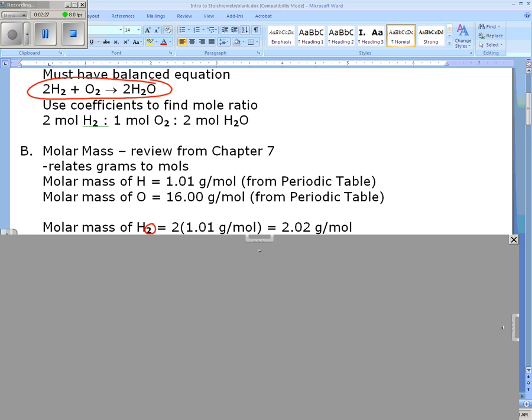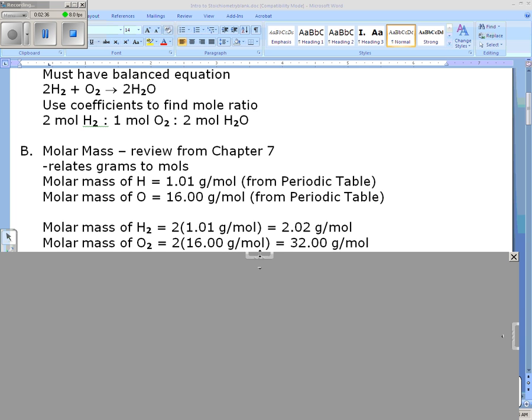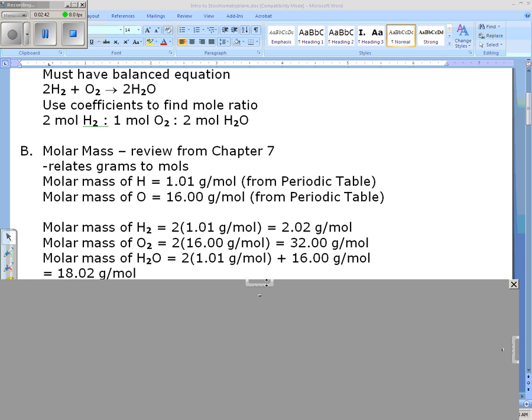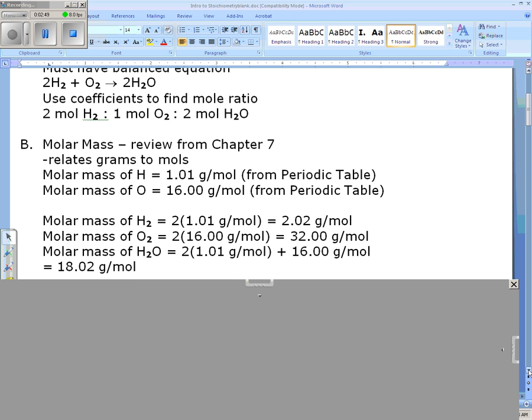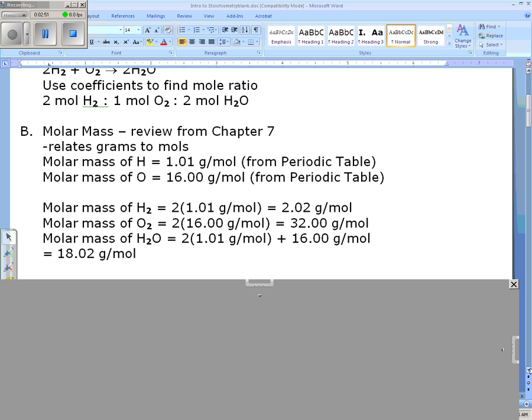Because there is H2, it's 2 times 1.01 to give you that 2.02 as its molar mass. Then we have oxygen, and it's O2, so it's 2 times 16, and that's 32. And then the molar mass of water, we have 2 hydrogens and 1 oxygen, adding up to that molar mass of 18.02. Okay, those are the molar masses we're going to work with.